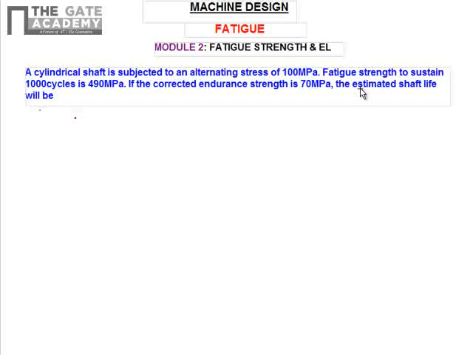To solve this problem, we will use the concepts which we have studied earlier.